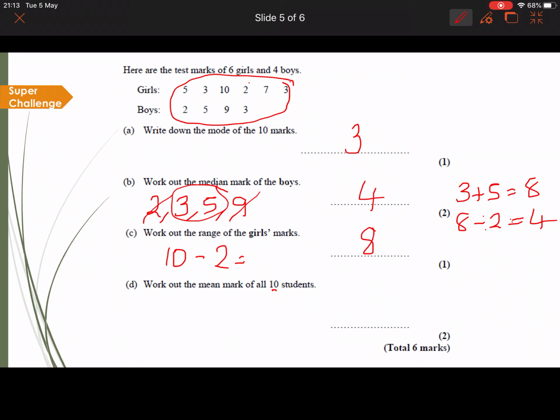So that's 30 from the girls. Then I have 32, 37, 40 and 49 in total here if I add all of the marks from the boys and the girls. And I'm going to divide by 10 because there are 10 of them, and so the mean is 4.9.